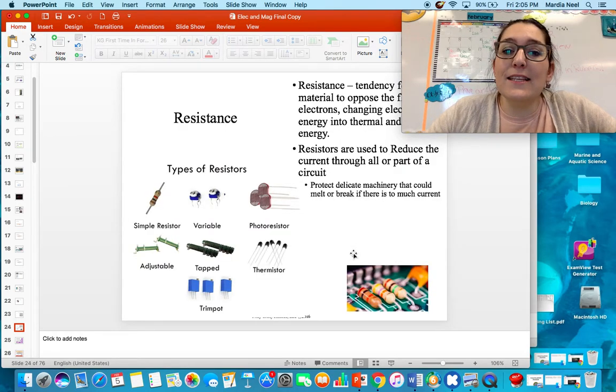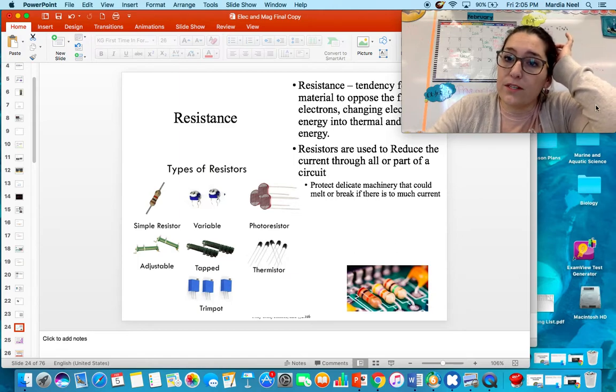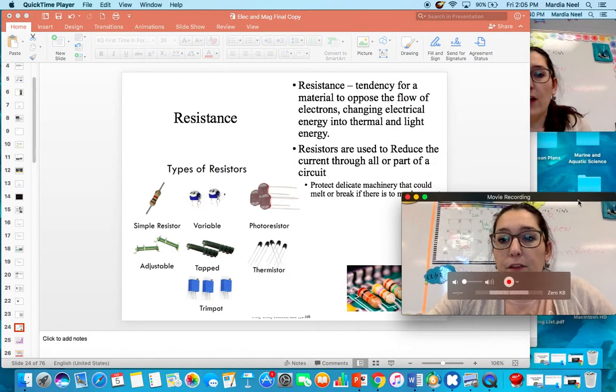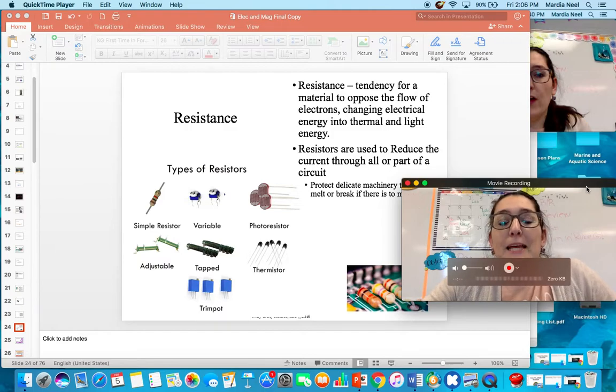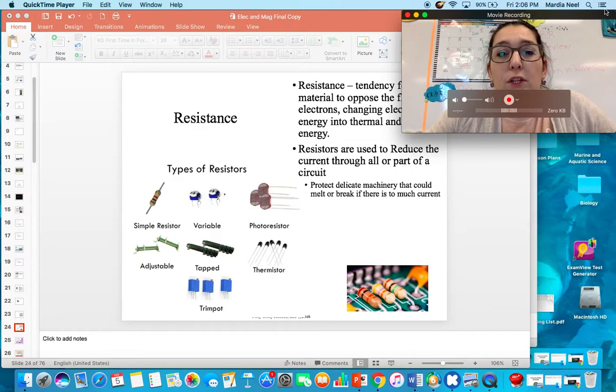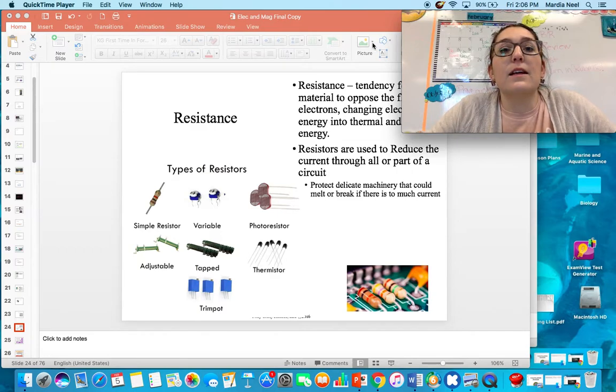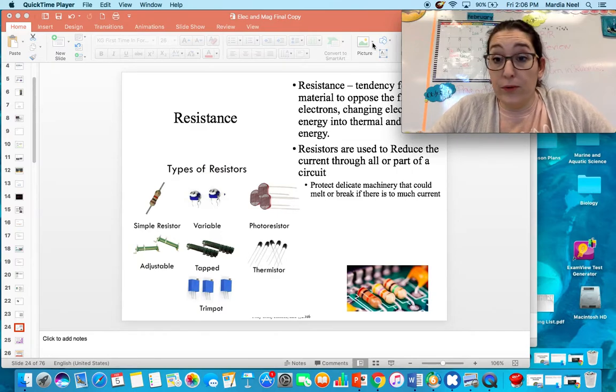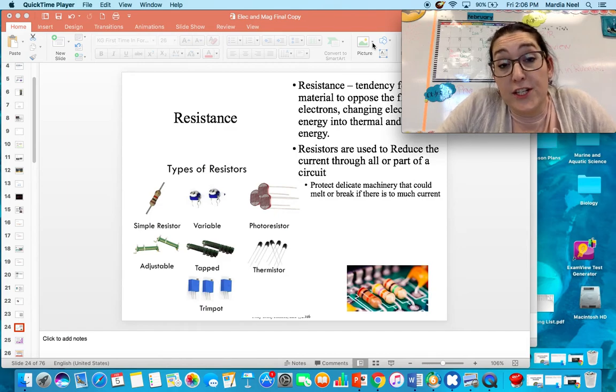Resistance is the tendency of a material to oppose the force of electrons, or the flow of electrons. It changes electrical energy into thermal energy and light energy. So we learned that we can't get rid of energy. It has to go somewhere. It has to be changed into something.